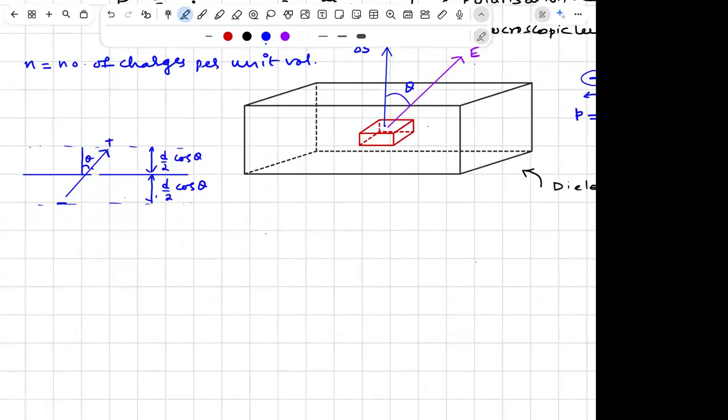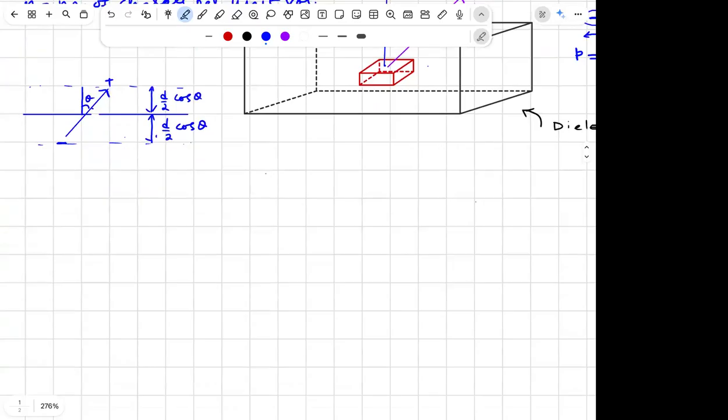That is what happened. Polarization is this. I am writing the terms very clearly because these are notes we are expected to save for a longer time.